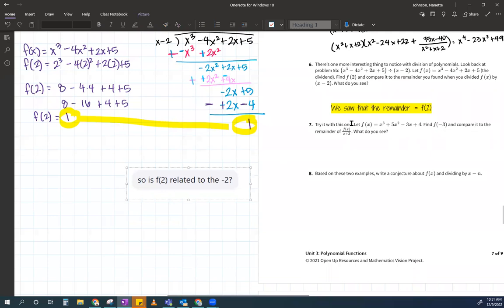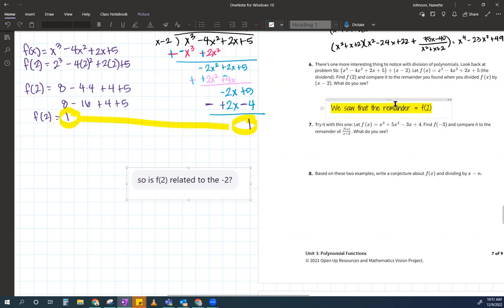So is f of 2 here related to the -2 here, x minus 2? And yes, it's related, because look down here, f of -3, is it related to x plus 3? And you're all like, yes. So we noticed that the remainder, when you divide by x minus 2, is equal to f of 2.